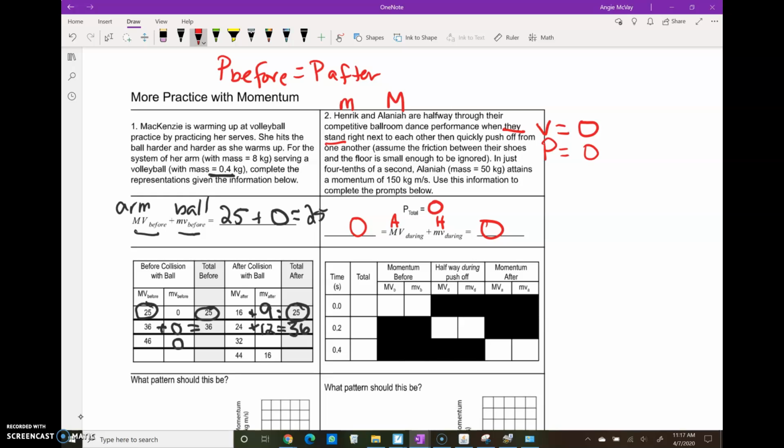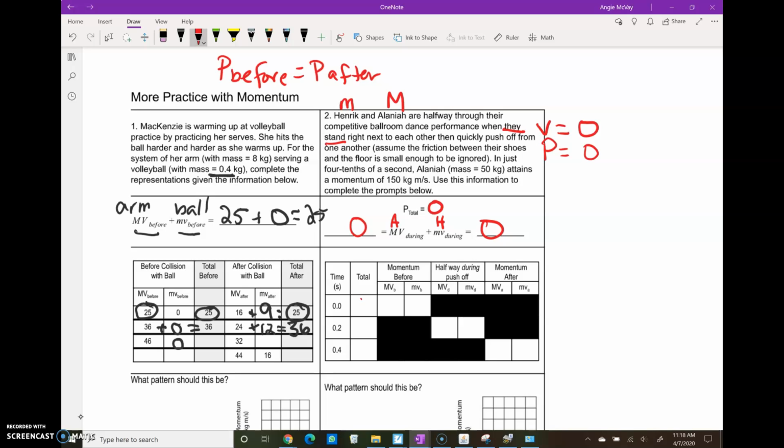What does that mean about their motion? When two people push off against each other, one person goes in one direction, maybe we'll call that the positive direction, and one person is going in the negative direction, the opposite direction. And if you have a positive and a negative momentum, they'll combine to be 0.